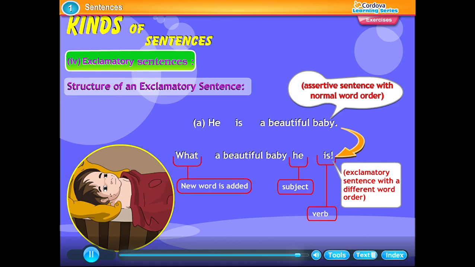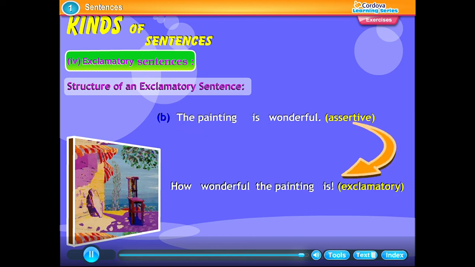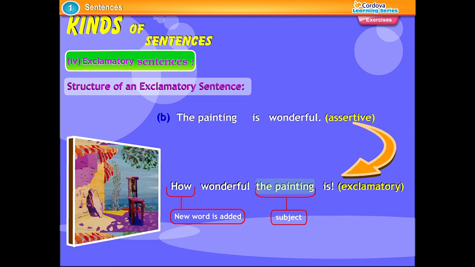Exclamatory sentence with a different word order. The painting, subject, is, verb. Wonderful, assertive. Sentence B transforms into how, new word is added, wonderful, the painting, subject, is, verb, exclamatory.